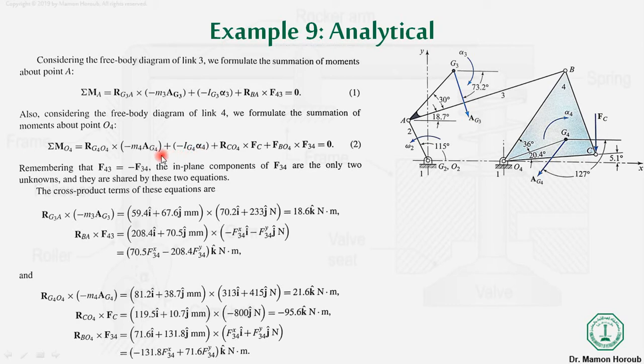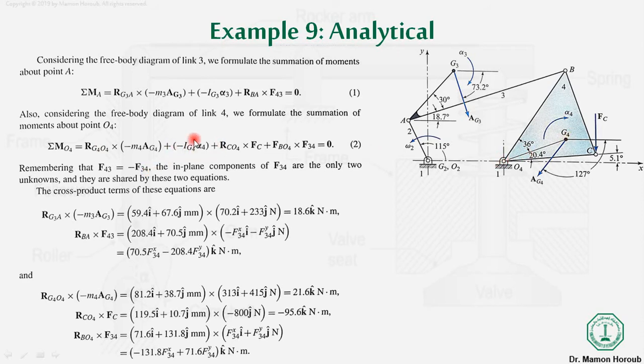The other moment is due to the reactive force that is applied over here, that is m4 ag4. So m4 ag4 into rg4 O4, this is the distance from g4 until O4.